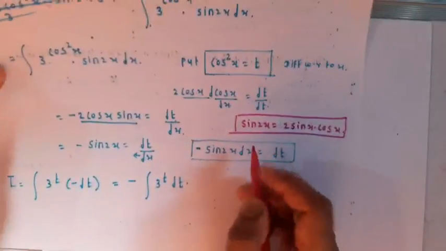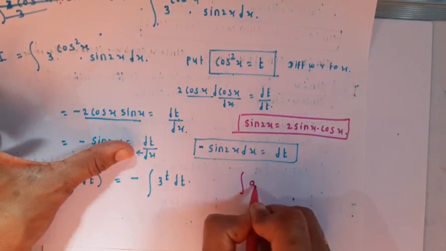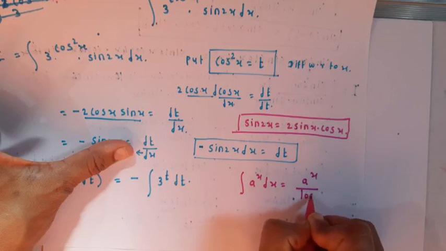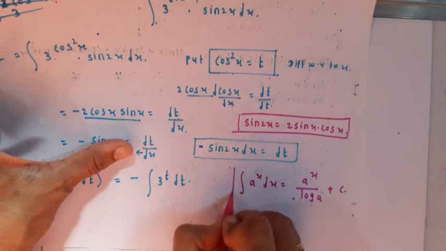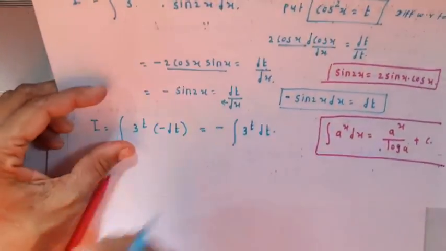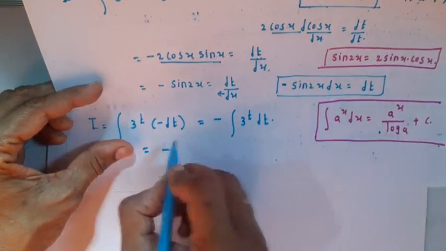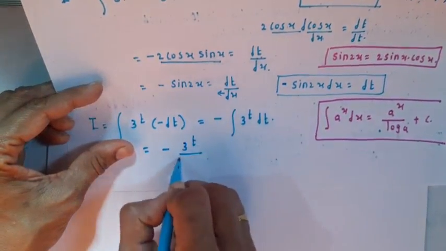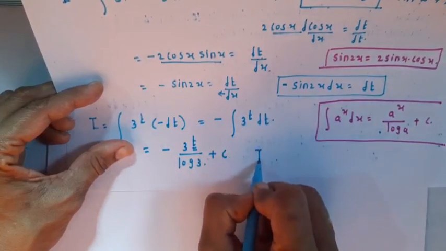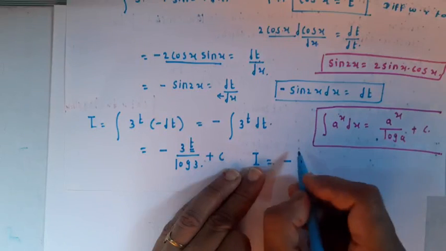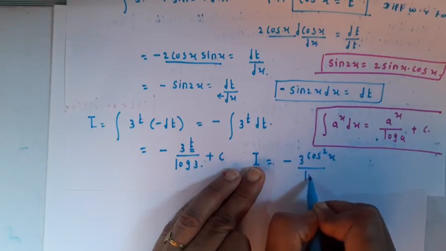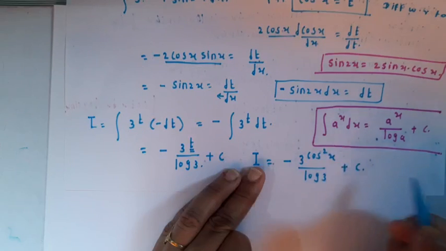By using the formula for integration of a raised to x with respect to x, that is a raised to x upon log of a plus constant of integration c, we can integrate 3 raised to t. So the integration of 3 raised to t is minus 3 raised to t upon log of 3. Now resubstitute the value of t, and hence integration I equals minus 3 raised to cos square x upon log of 3 plus constant of integration c.